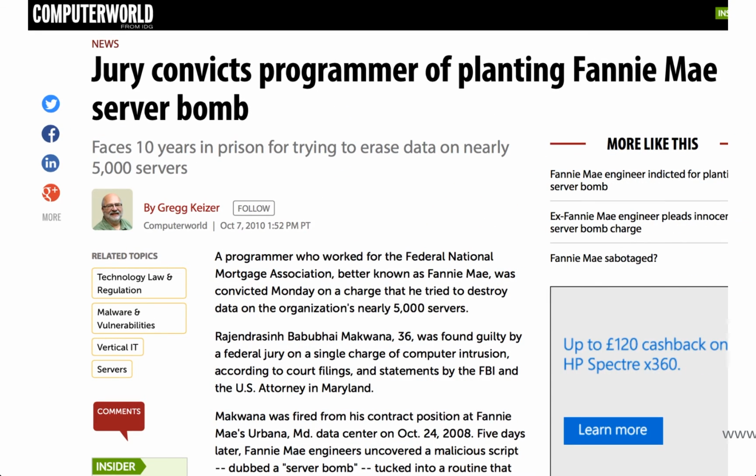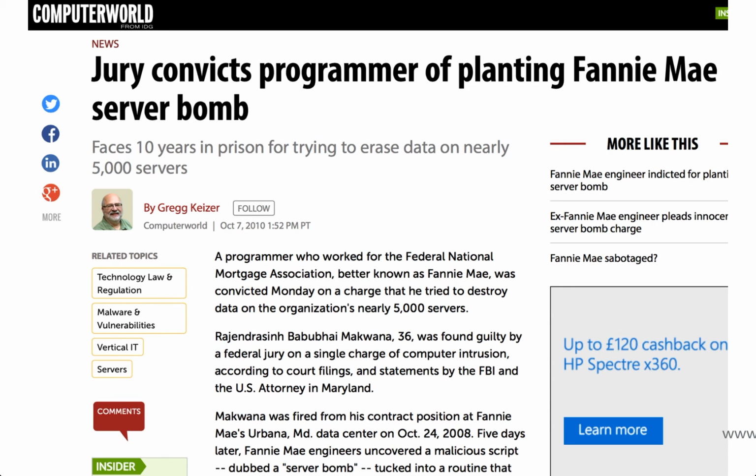Now, that unfortunately is not an isolated incident. If you do your research, there are a wide range of fascinating stories, including this one. A contractor or an employee of Fannie Mae, who managed mortgages for the US market, was a disgruntled employee who decided that he would plant what was called a software time bomb, something that was intended to activate after he had been dismissed.